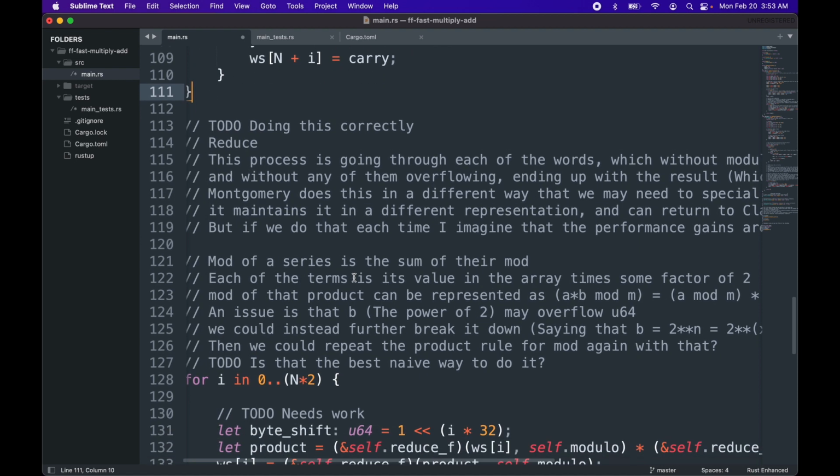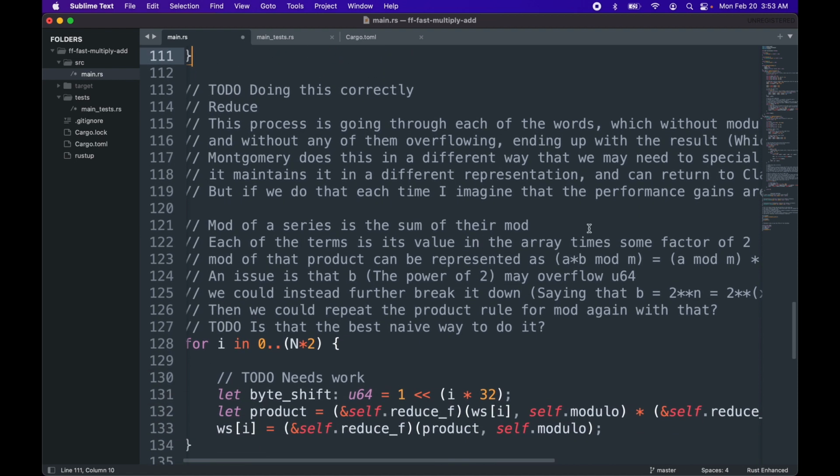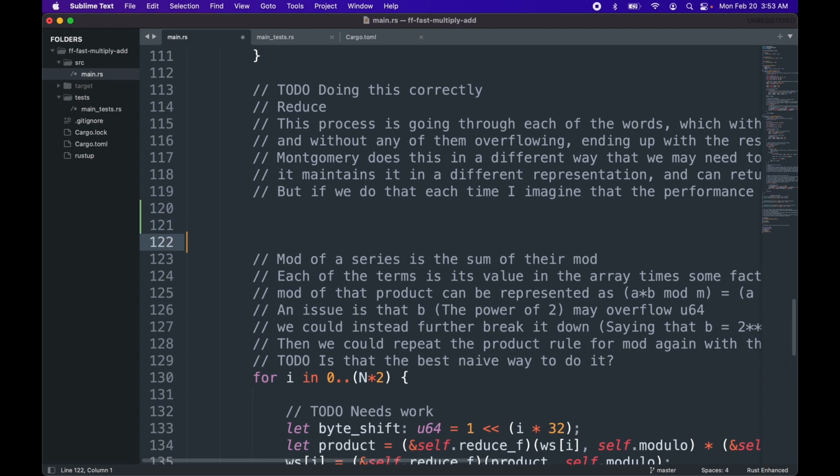Okay, so what we have again is some series of words like this, and the reality is that it's bytes, so it's base 2 is how we're thinking about it, but I'm just showing it in decimal because that's easier to think about.